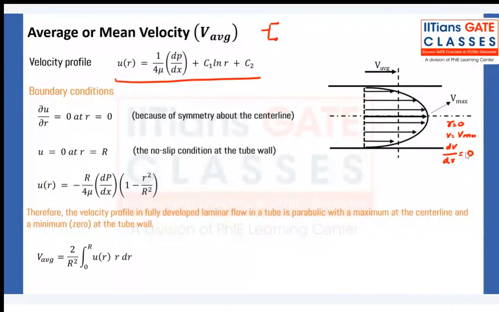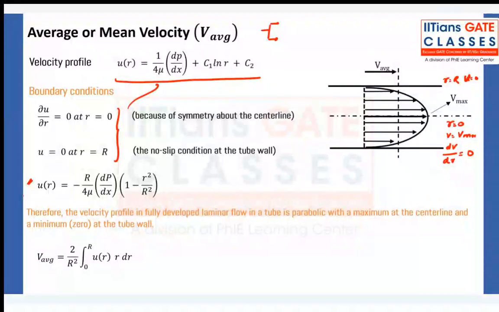Can I also say at r equals capital R, V is equal to 0? I can say this as well. So I have two boundary conditions and two constants, C1 and C2, to calculate. I can put my boundary conditions in this equation, and if I solve that, I will find how u varies with respect to r.